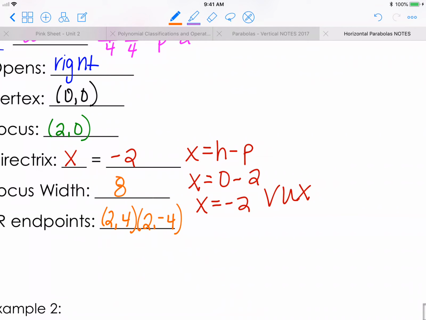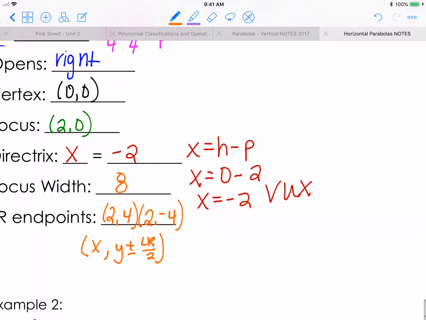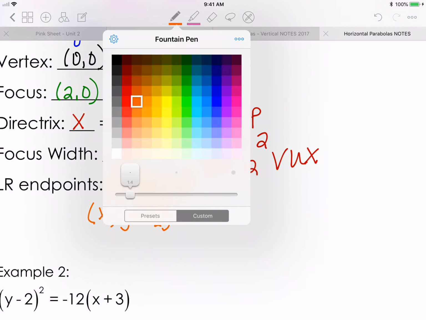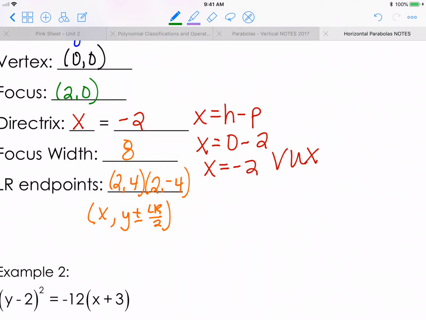It's fine either way. Okay, so let's do them based off of your chart. So your chart says x comma y plus or minus the LR divided by 2. So this time we're plus or minusing the LR divided by 2 to your y. And remember, that's based off of your focus. So our focus was 2 comma 0.